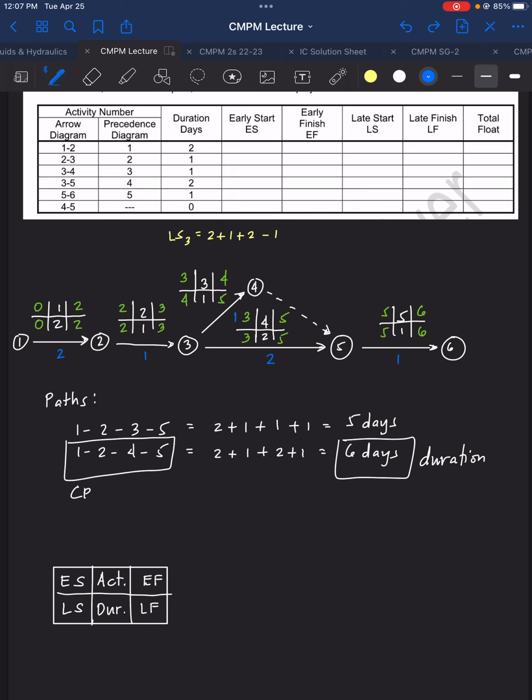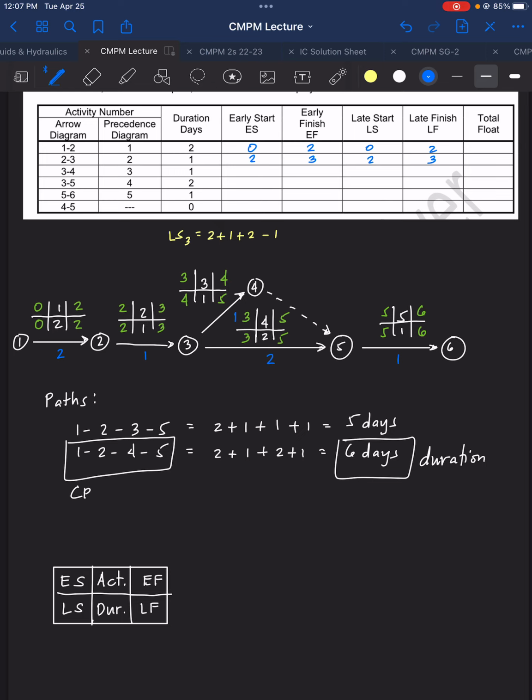Early start for activity 1 is 0, and then the late finish is 2, late start, late finish. Next, for activity 2, we have here early start 2, early finish as 3, late start 2, and then late finish 3. Then we have activity 3.